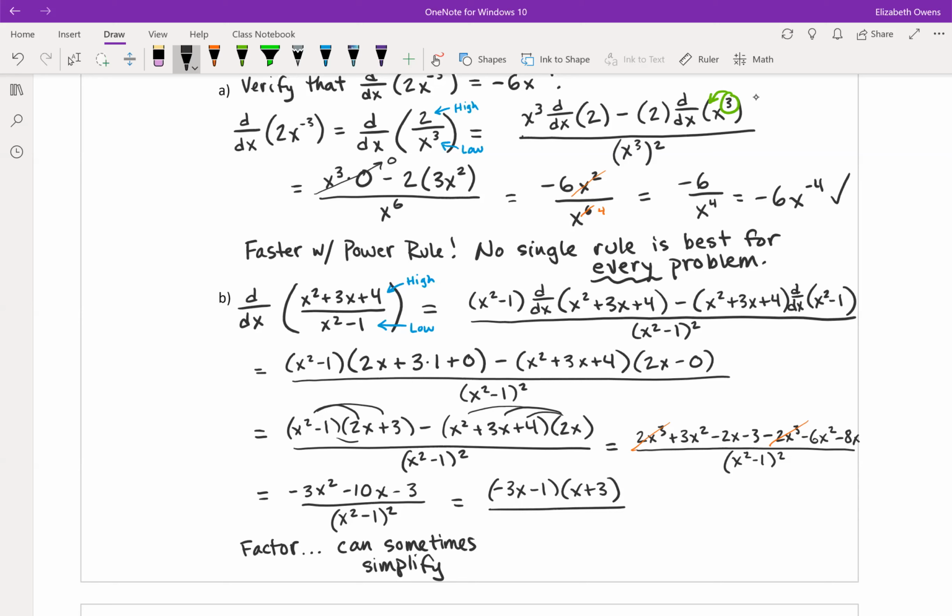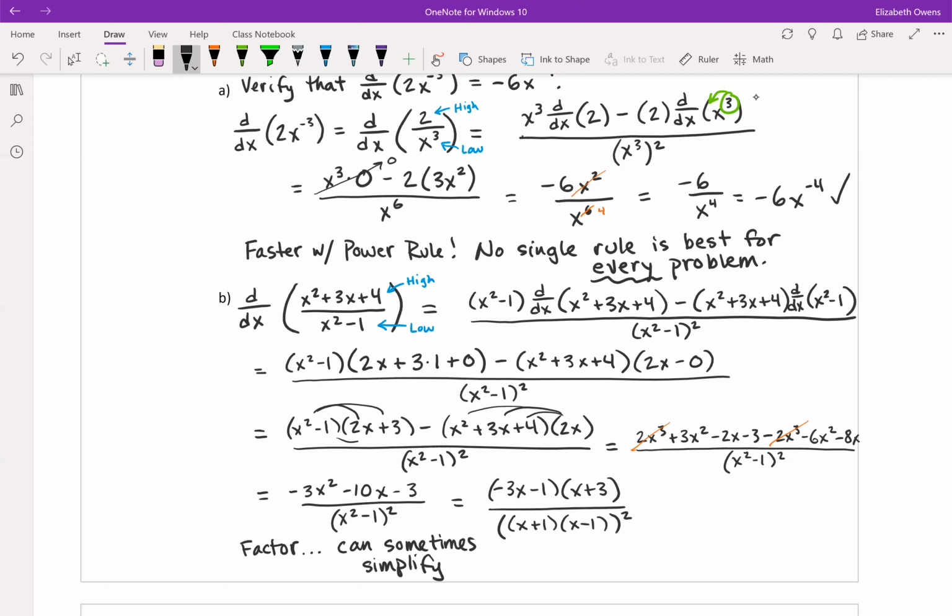Some of us might use the AC factoring method on that, or just trial and error to factor, but it is factorable. And then in the denominator, that would factor as well into x plus 1, x minus 1 getting squared. So I guess we could write that. x plus 1, x minus 1.